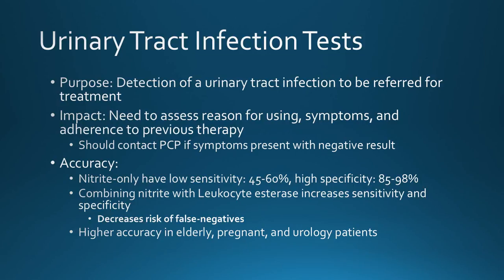Those combination tests are your AZO test specifically. Research in the past has found higher accuracy in certain patient populations, being elderly, pregnant, and urology patients, which is convenient because those are patients that you're going to see UTIs in more frequently.